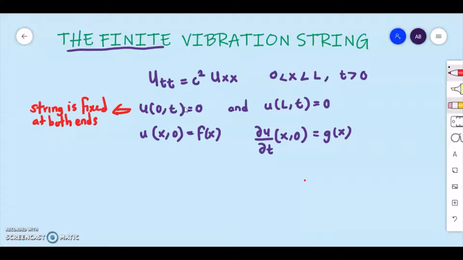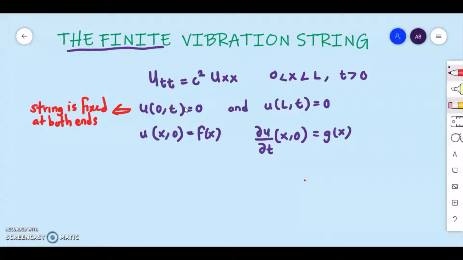On the other hand, the initial condition means the string is initially displaced into a position u equals f(x) at time 0.